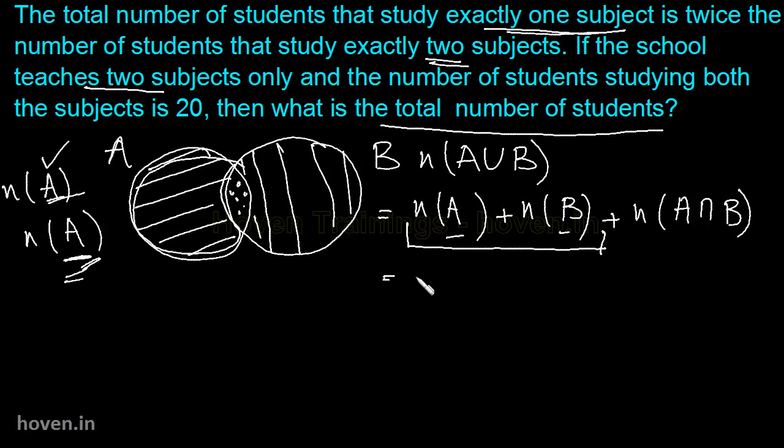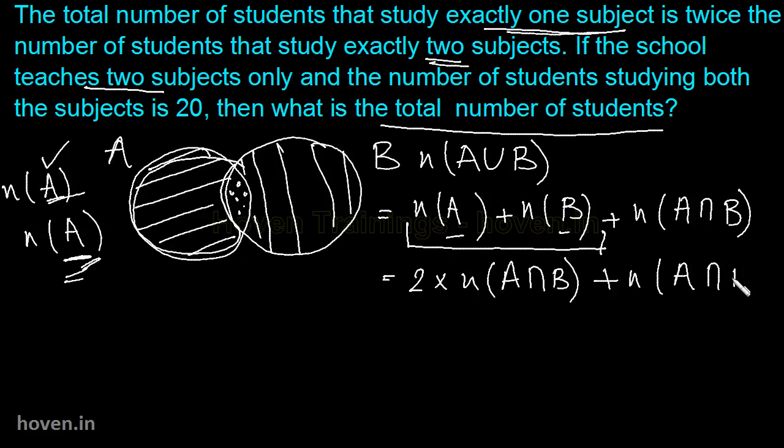So this will be 2 times n(A intersection B). The sum of these two is twice this, and this is already to be added, so I'll put n(A intersection B).